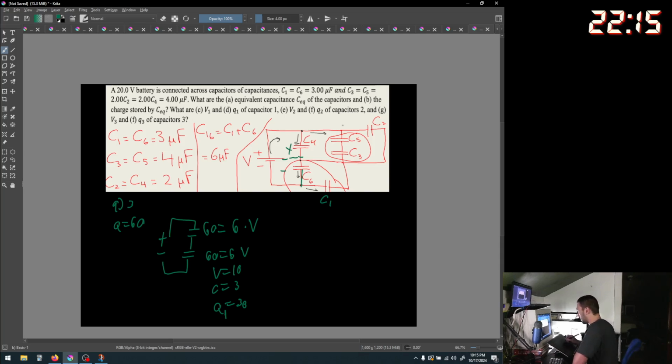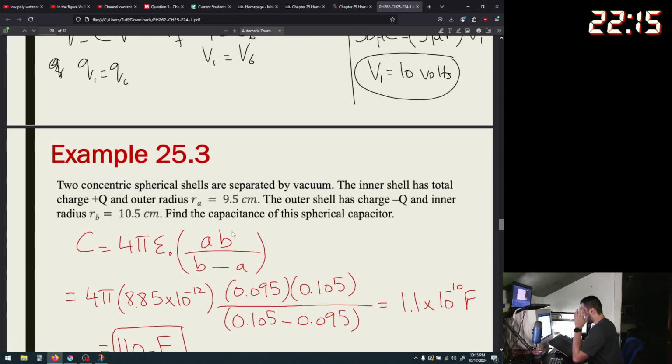Oh my, Q2 is all the way up there. This is C1, 6. This is C2, 3, or 2, 3, 5, 4. Okay, I don't really have time for that.